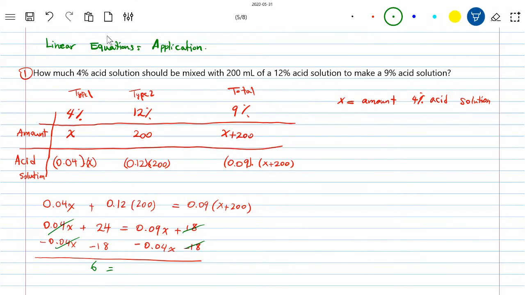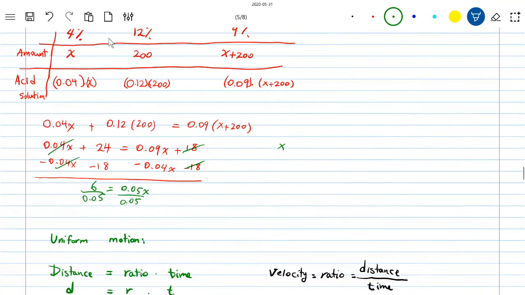Right side, 0.09 minus 0.04, simply 0.05. And to find out what x is, you divide both sides by 0.05. Let's write the solution. x equals 6 divided by 0.05, that's the same as 6 times 20, which is 120.